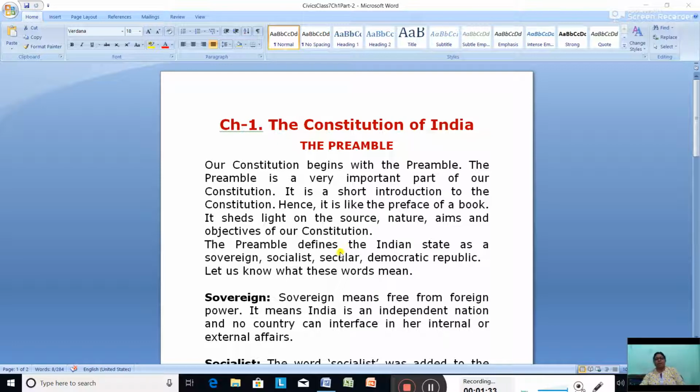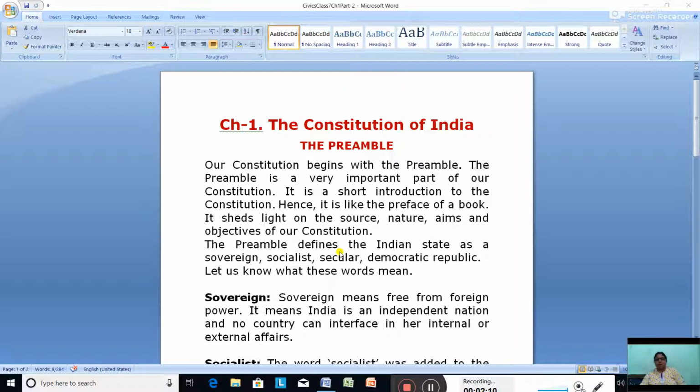We cannot go to any court of law seeking help if some of the objectives mentioned in the preamble are not fulfilled. So it is non-justiciable.